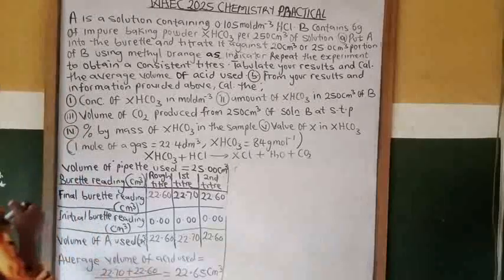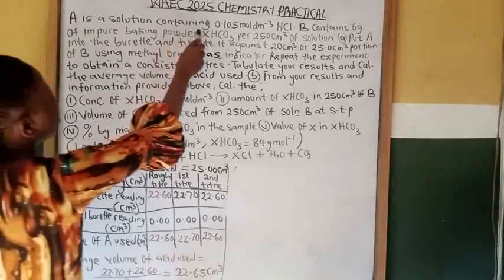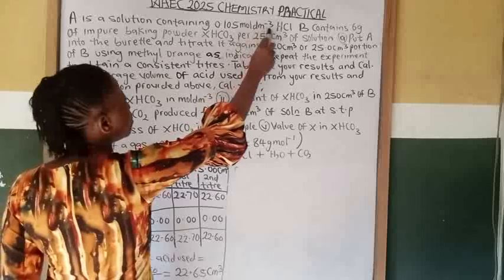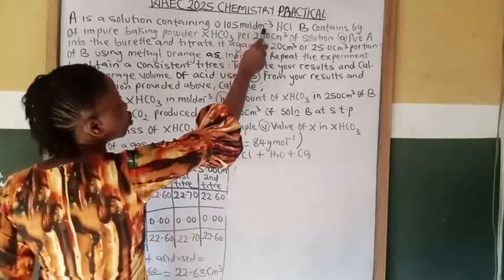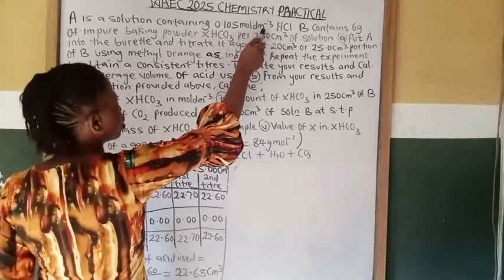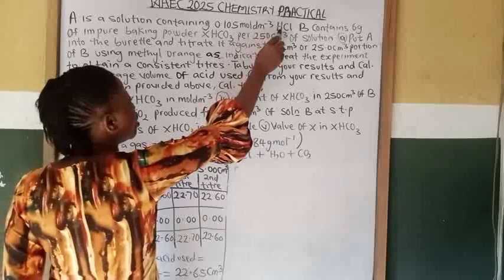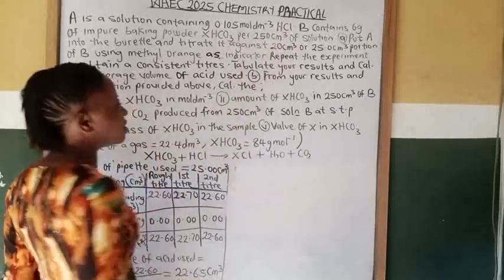Now let's come back to these questions. A is a solution containing 0.105 mole per dm cube HCl. Anything mole per dm cube is the molar concentration. So it means that 0.105 mole per dm cube is the molar concentration of acid. Our acid is HCl.